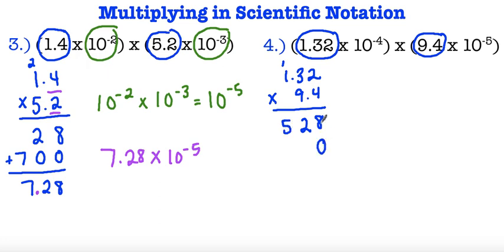Add a 0 as a place value holder. 9 times 2 is 18. Bring up the 1. 9 times 3 is 27, plus 1 is 28. 9 times 1 is 9, plus 2 is 11.